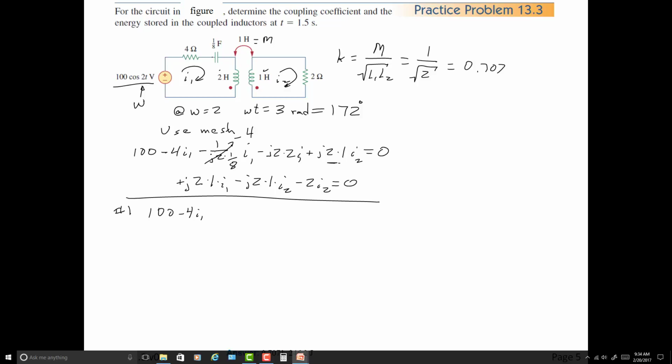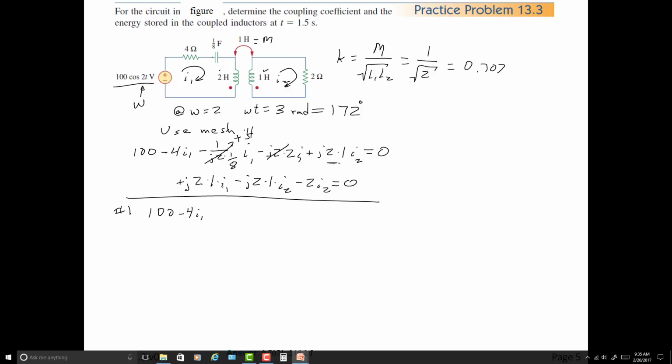This becomes 4, j over j will become a minus j. So 4 is going to be the number, and it will be j over j, so that'll be a minus j squared. So this will all end up a plus j4.